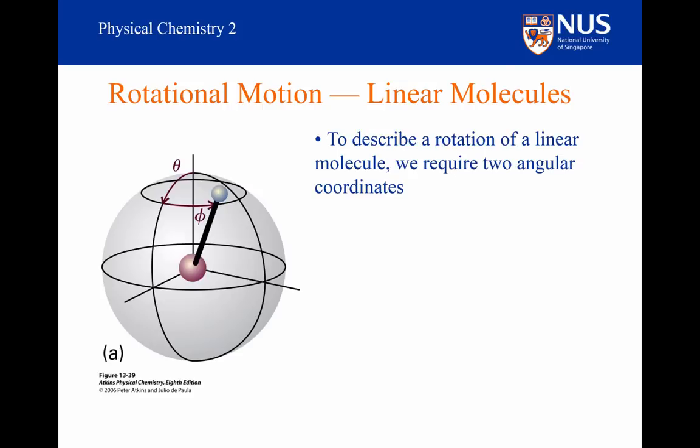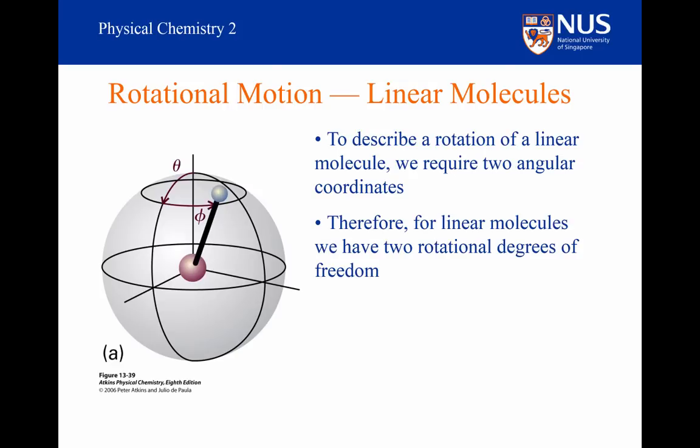To describe a rotation of a linear molecule, we require 2 angular coordinates. These angles can be the azimuth, phi, and colatitude, theta, in spherical coordinates, as depicted in this figure. In the same way as when we discuss linear molecules, we discuss rotation in terms of two component rotational axes. Therefore, for linear molecules we have two rotational degrees of freedom.